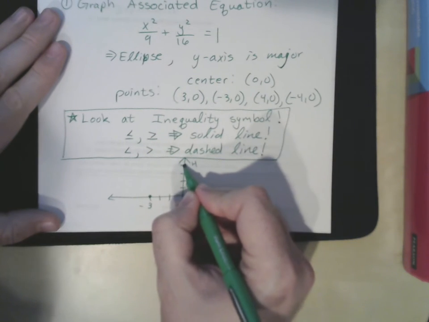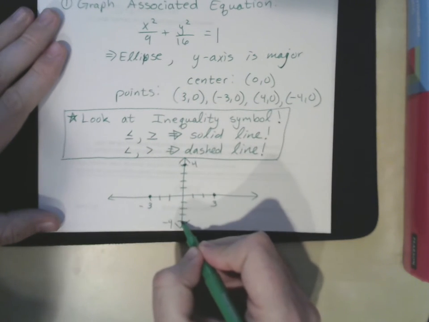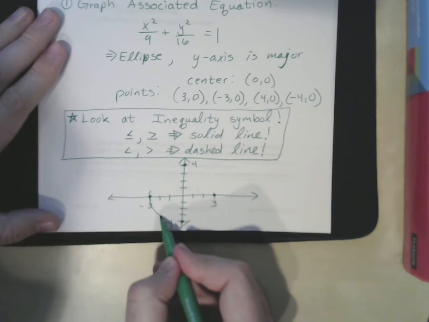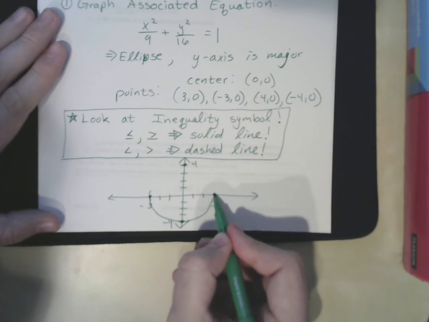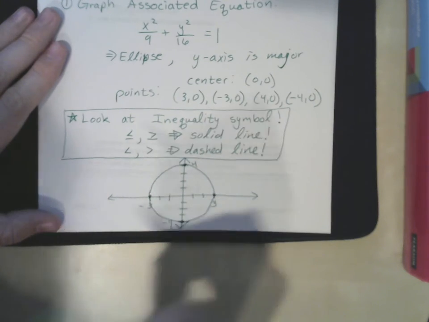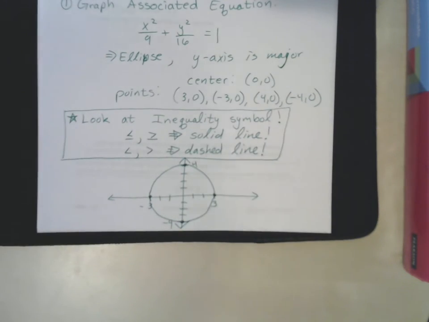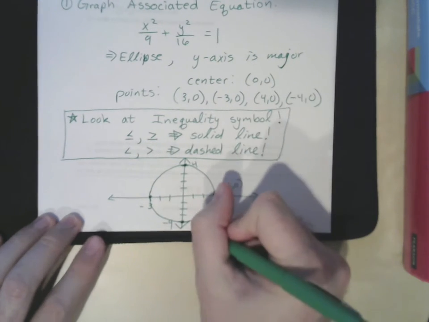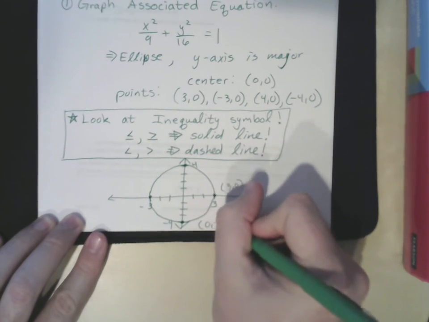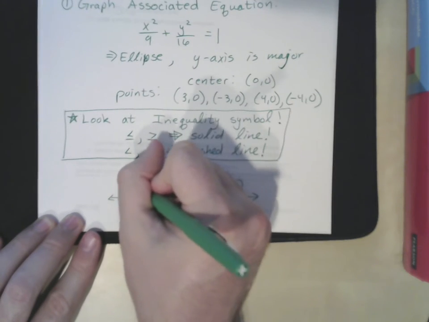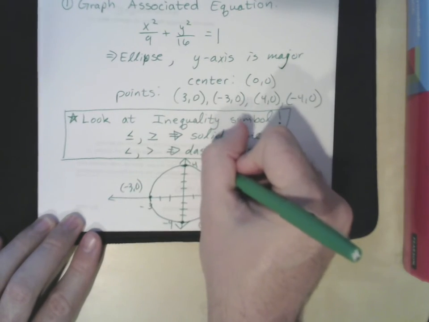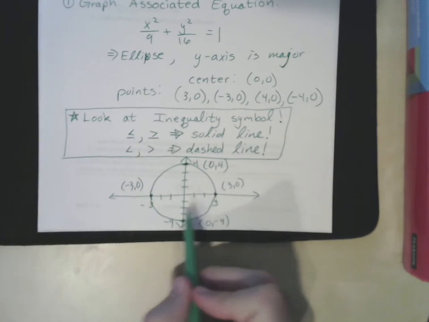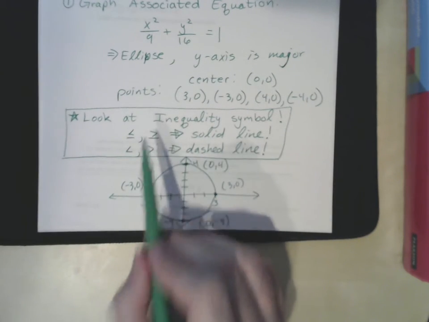I have this point, this point, this point, and this point. And I draw my ellipse as best as possible. Mine looks pretty circular, but not a big deal. Label your points, 3, 0, 0, negative 4, negative 3, 0, and 0, 4, so whoever's looking at it understands. You have a solid line because of the inequality symbol.